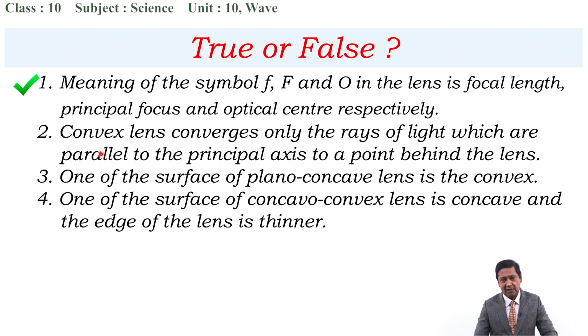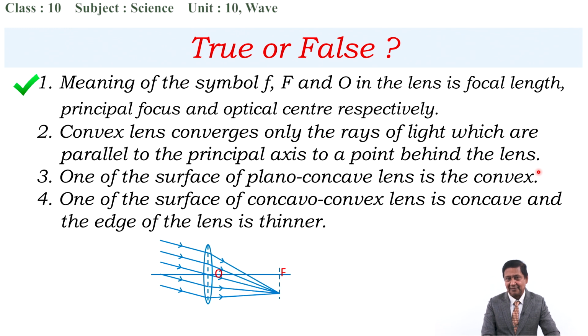Okay, now let's have the second. A convex lens converges only the rays of light which are parallel to the principal axis to a point behind the lens. What do you think? We discussed this. I want to show you one picture. The rays of light are not parallel to the principal axis even though they are focused at a point, isn't it?